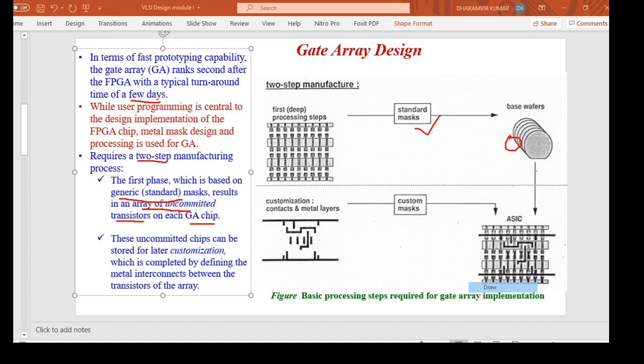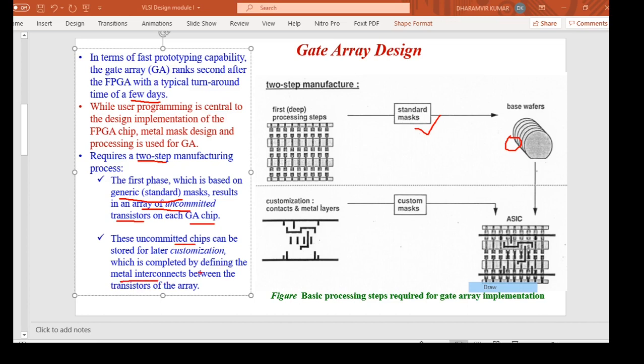So the next step is to use this gate array chip which contains uncommitted transistors, and form the required circuits or modules or subsystems on this chip. These uncommitted chips can be stored for later customization, which is completed by defining the metal interconnects between the transistors of the array.